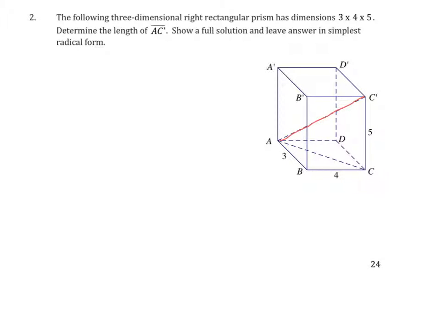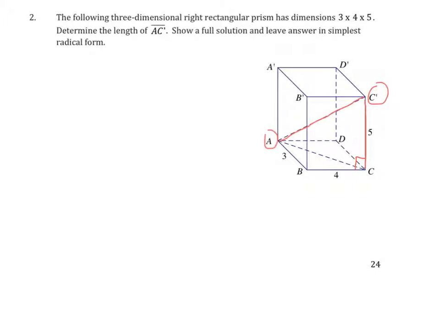I could see that's a diagonal from one corner, which is this corner for A, and the other corner, which is this corner for C prime. Okay, if we drop a perpendicular here, we end up with a right triangle. So we have two right triangles going on.